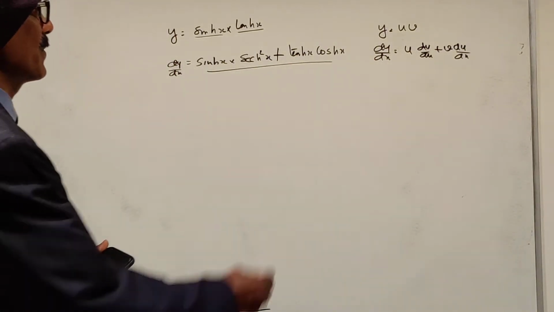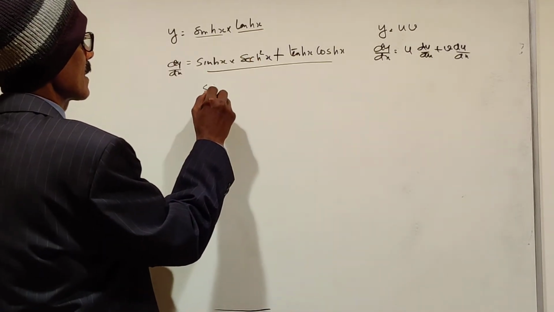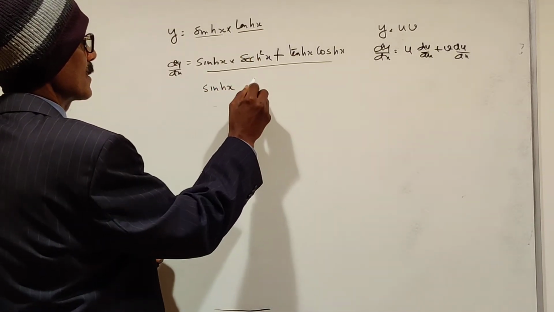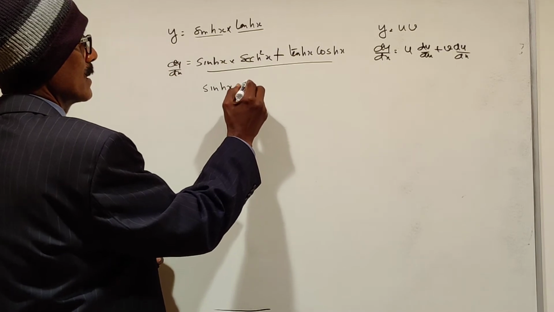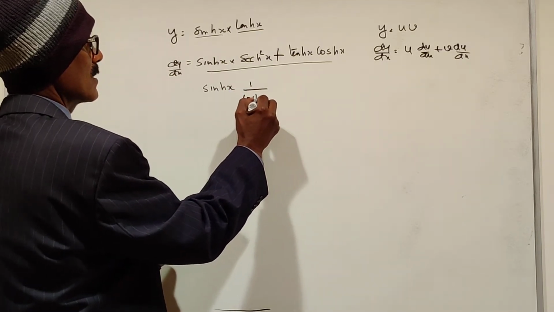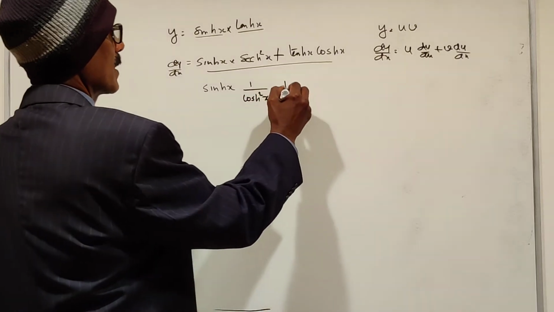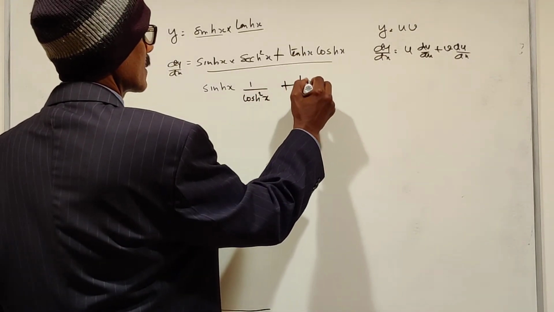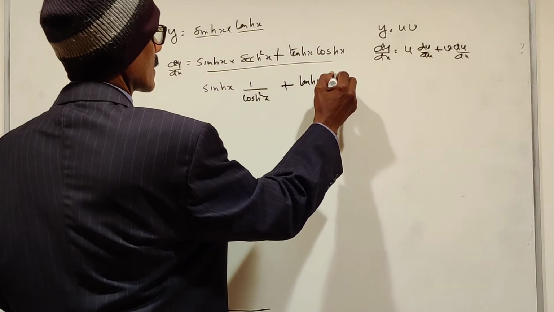Okay, you can simplify this. Sin hx into sec h square x, and sec h square x is 1 by cos h square x, plus tan hx cos hx.